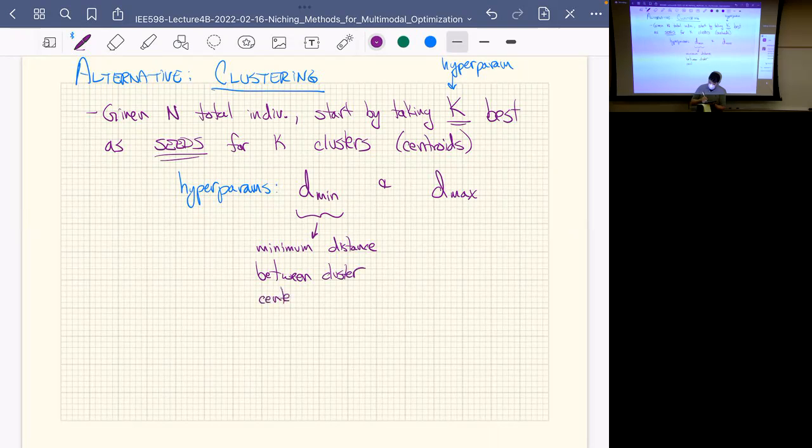So this will affect choices here. And then distance max is our maximum distance between individuals in a cluster and their centroid.